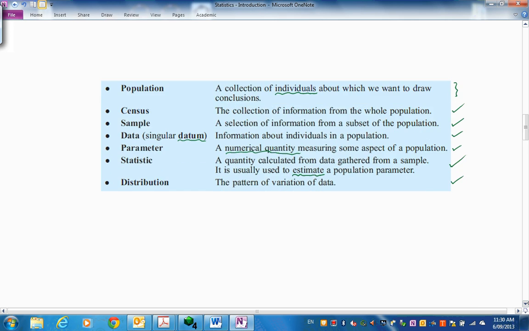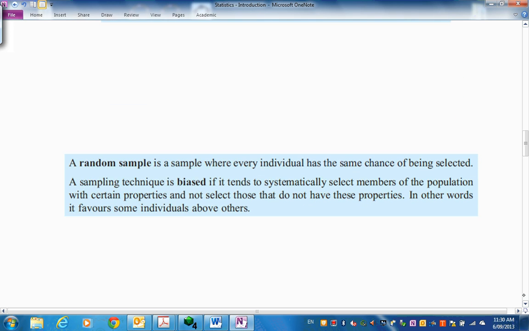All right, come down and have a look at this statement here about how to do some sampling. In this work, we're only going to talk about a random sample, a simple random sample, where every individual has an equal opportunity of being involved or being measured.